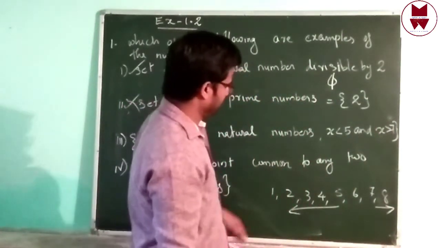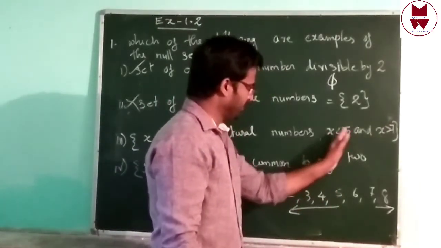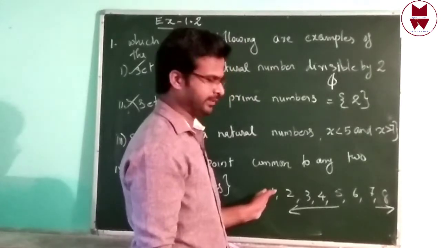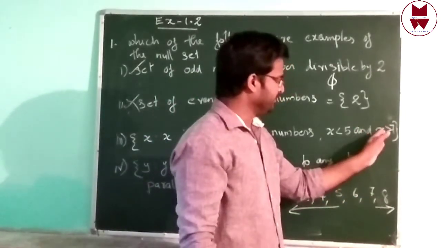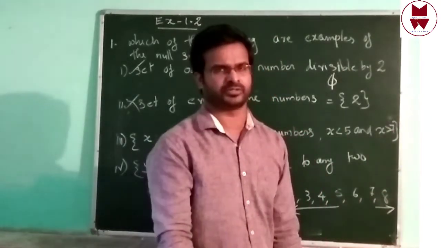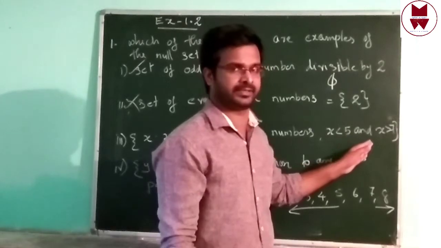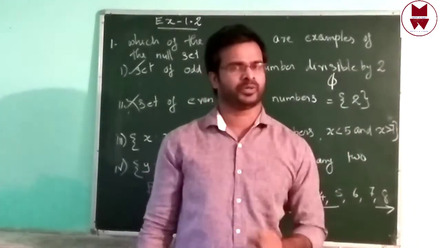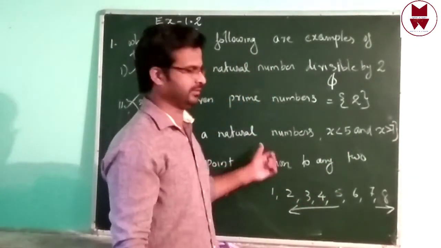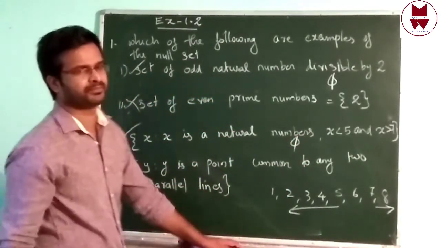If we consider x less than 5, it means 4, 3, 2, 1, like that, isn't it? Then x greater than 7 means 8, 9, 10. Can you find any common number? We cannot find any common number according to this condition, isn't it? That means no element in this set. This is an empty set only. Example for an empty set.